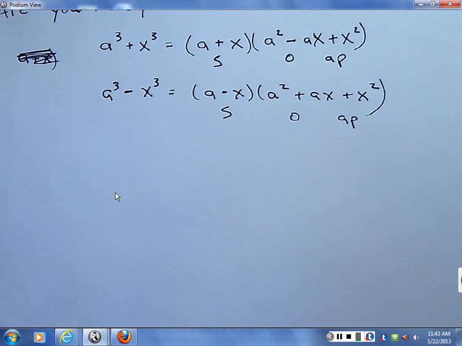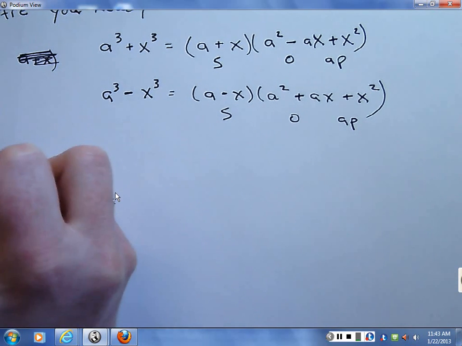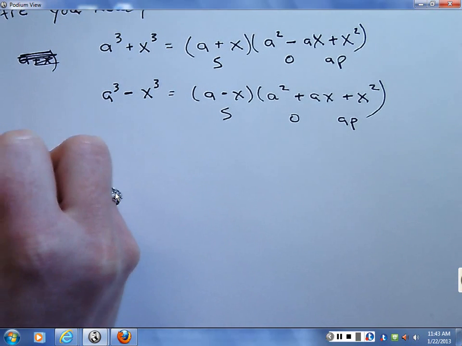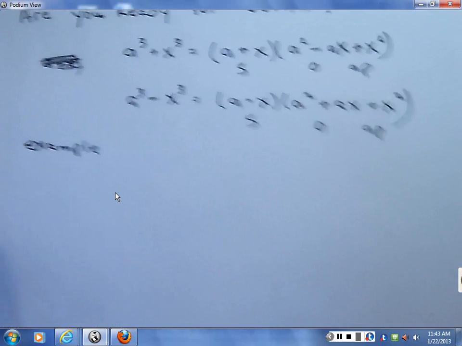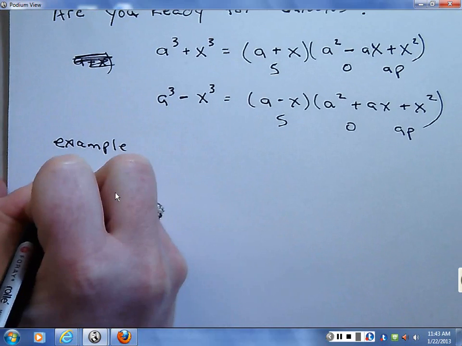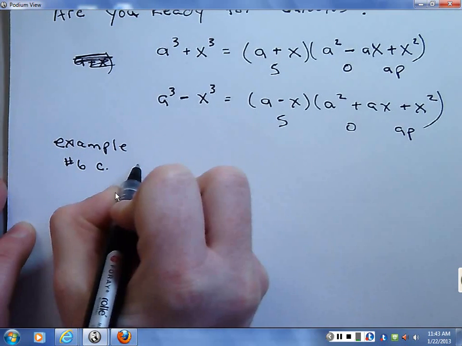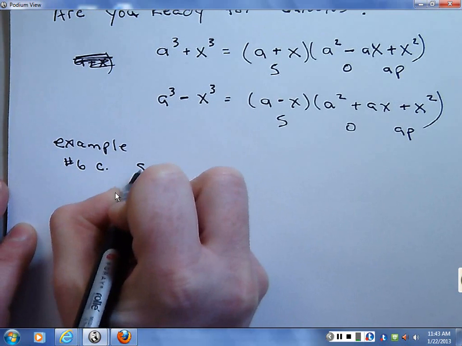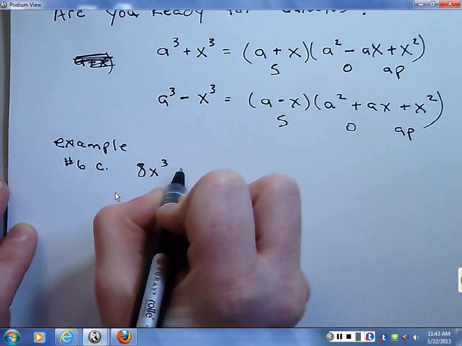So if we look at the example on number C, so let's look at 6C. So I want to factor 8x cubed plus 27.